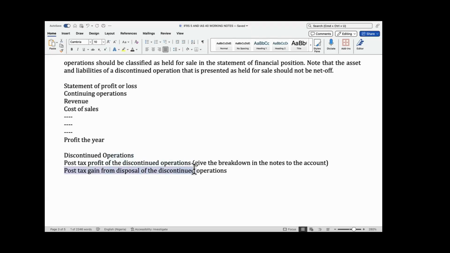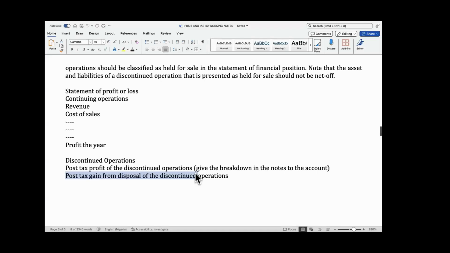Then whatever profit you made from selling that operation, you also present under discontinued operations. That's how it actually works. And for the assets and liabilities of that discontinued operation, present them separately, just like I taught you under non-current assets held for sale, in the statement of financial position. The assets presented separately under assets, liabilities presented separately as liabilities. And that is it for discontinued operations.